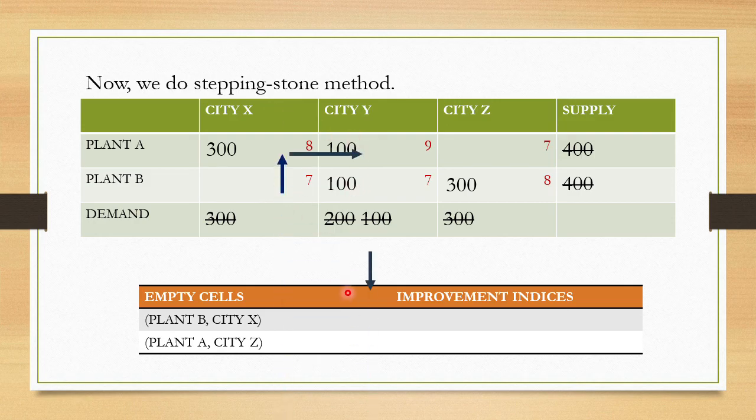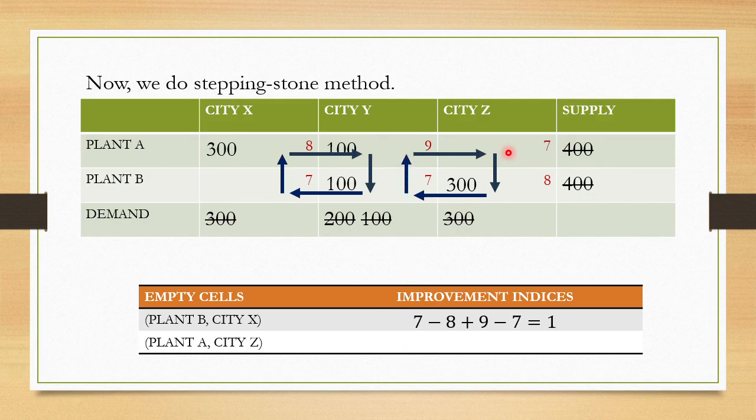For plant B, city X, the improvement index is 7 minus 8 plus 9 minus 7, which is positive 1. On the other hand, for plant A, city Z, we have this closed polygonal path, and computing the improvement index, we have 7 minus 8 plus 7 minus 9, you get negative 3.